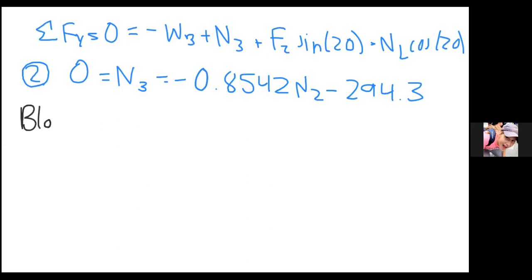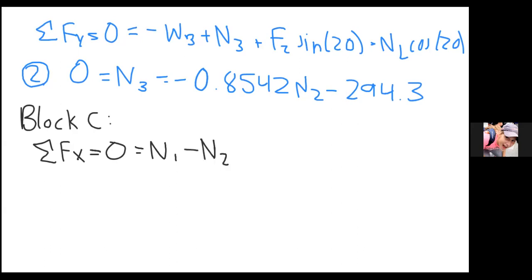So if we look at block C, we're able to do the exact same thing. So we'd say summation of forces in the X is equal to 0. And I can say N1, which is that normal force from the wall, minus N2 sine theta, sine 20, minus F2 cosine 20.